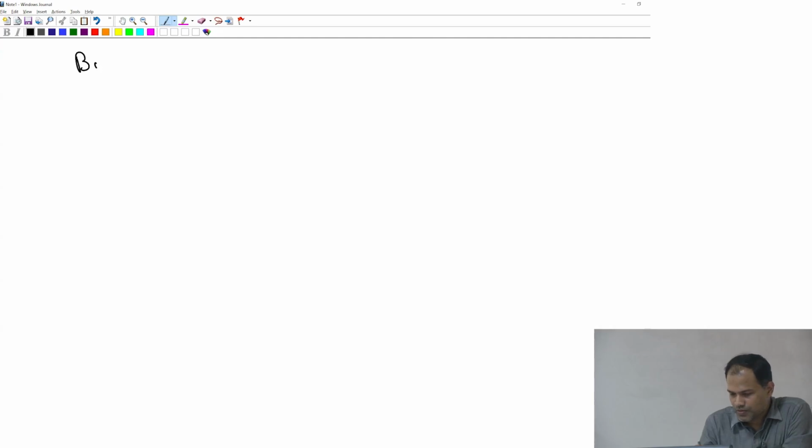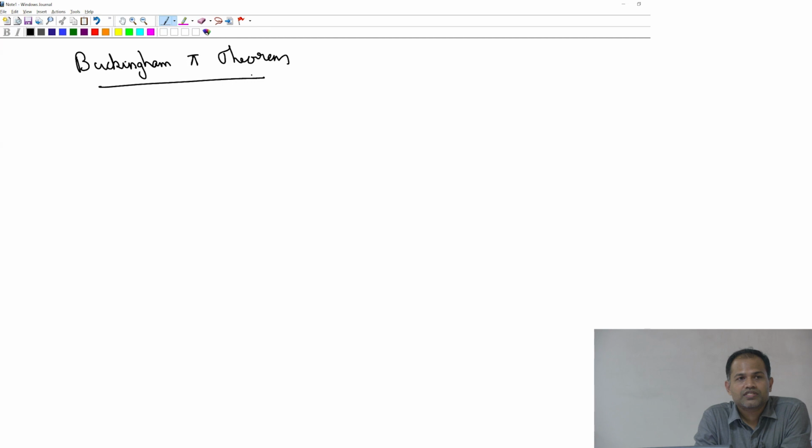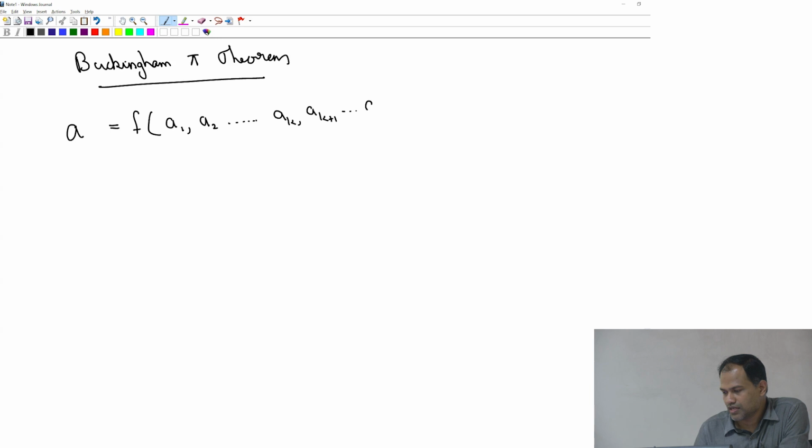So, to remind you what we were looking at, we said we have some physical process, let's say, which contains a dependent variable A, which is a function of several independent variables A1, A2, etc. Let's say AK plus 1, etc. AN.